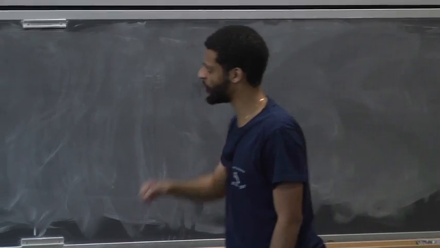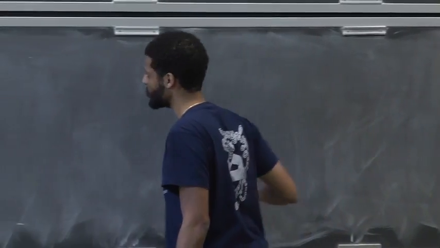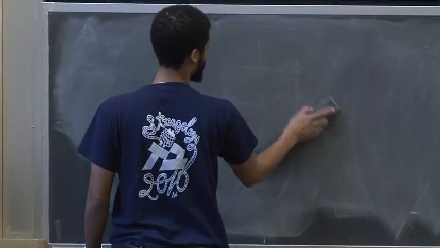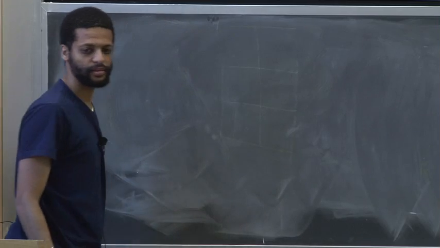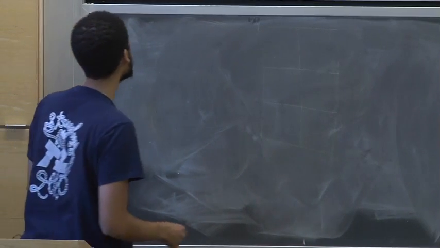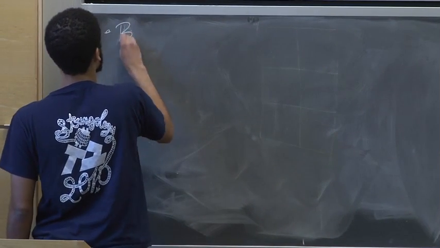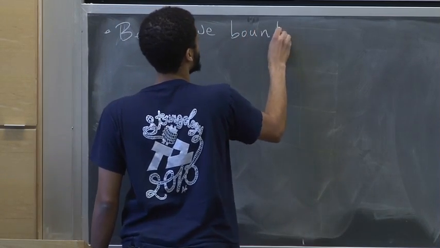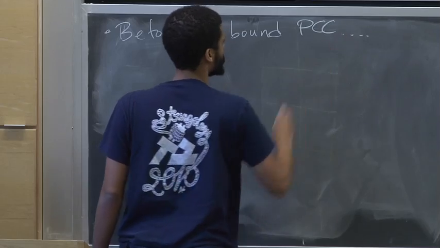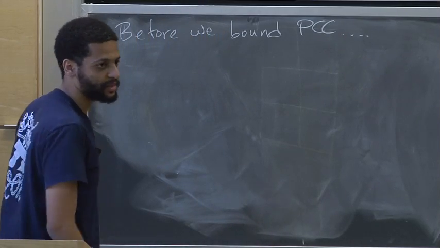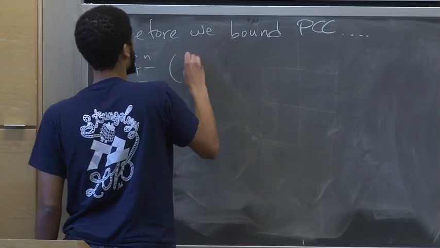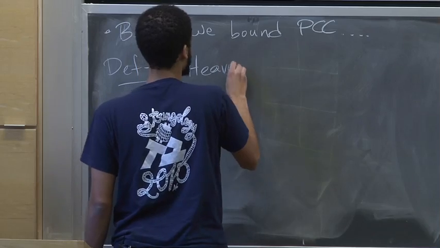So before I can do that, I need to introduce one more kind of analysis tool. Before we bound PCC, I want to define something. This is called the heavy-light decomposition.